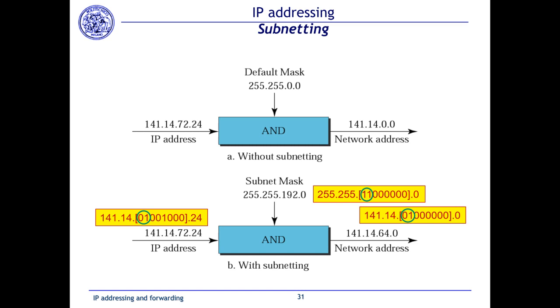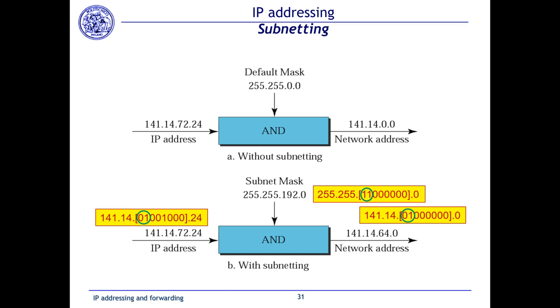This means that you have a 0, 1. 72 means 0, 1, 0, 0, 1, and then 3 zeros. So the first 2 bits are taken in order to understand what is the specific subnet of the destination, and here you have the resulting network address that is 141.14.64, meaning that the destination belongs to the subnet 01. Okay.